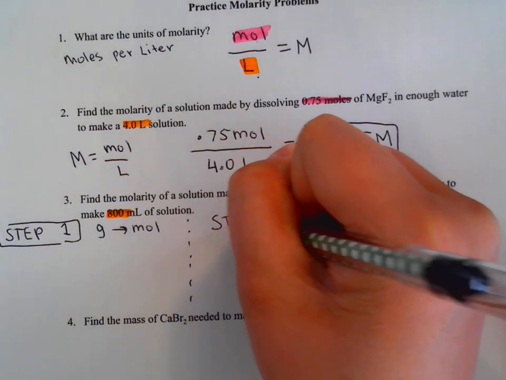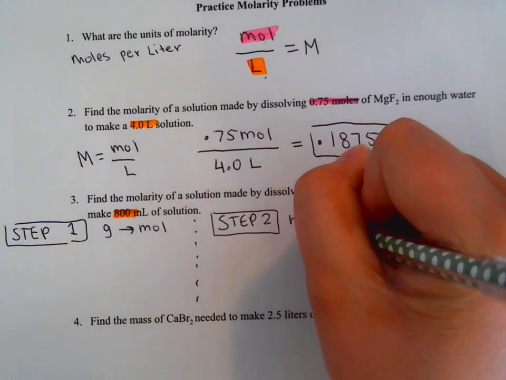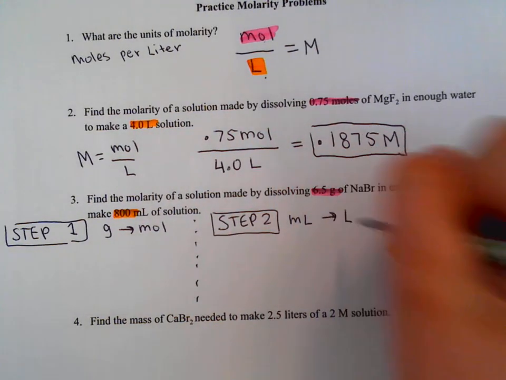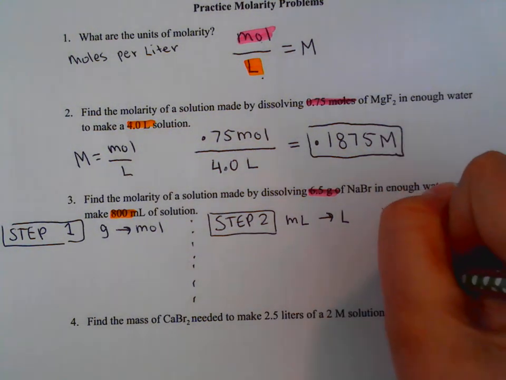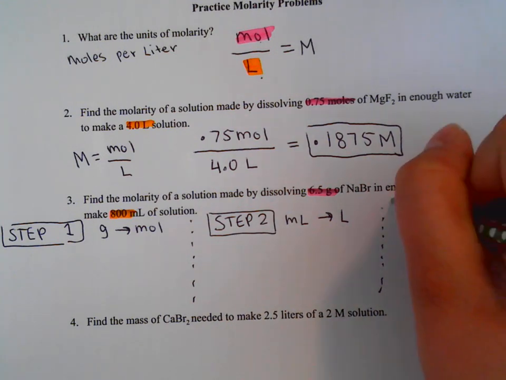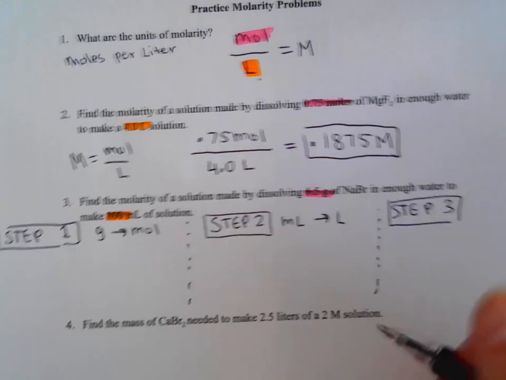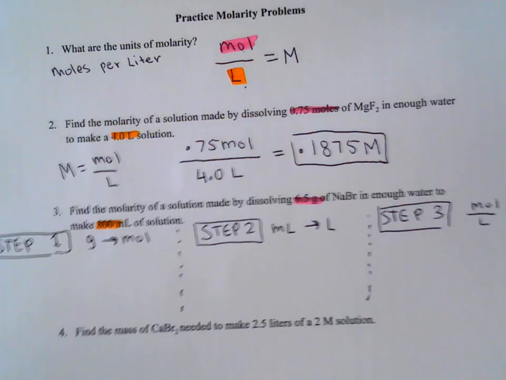Step 2, we're going to take milliliters and convert it to liters. And step 3 is exactly like problem number 2. We're going to take moles and divide it by liters.